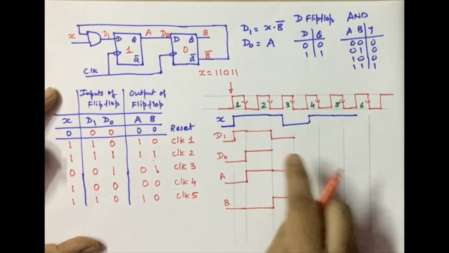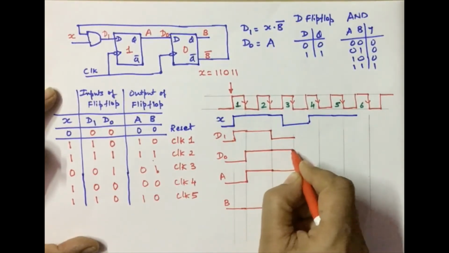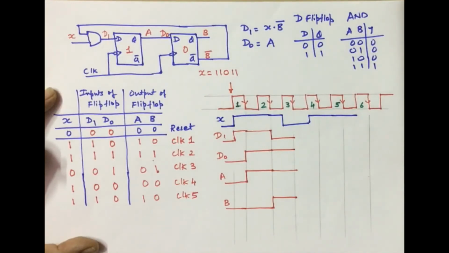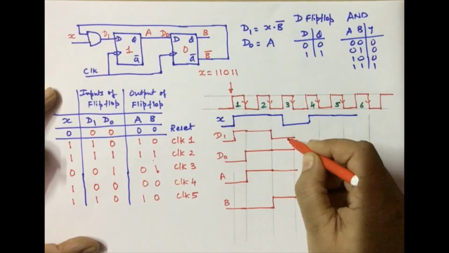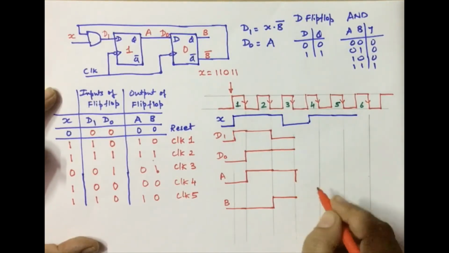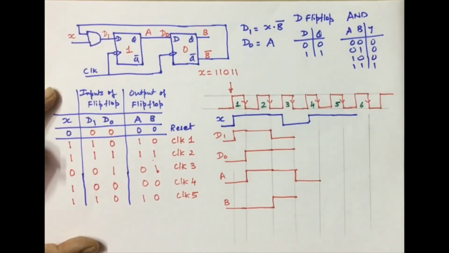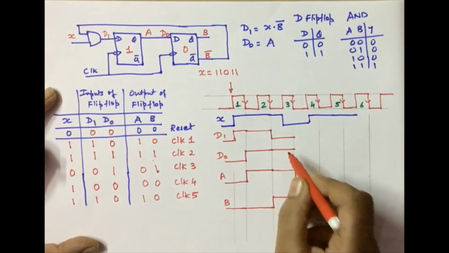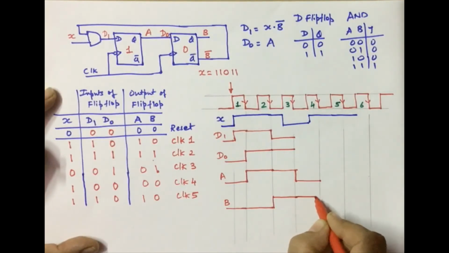A is transferred to D0, so that will still remain 1. So now before the third edge, D1 is 0. So on the third edge, A will switch from logic high to logic low. And B will retain its value because D0 is still 1.